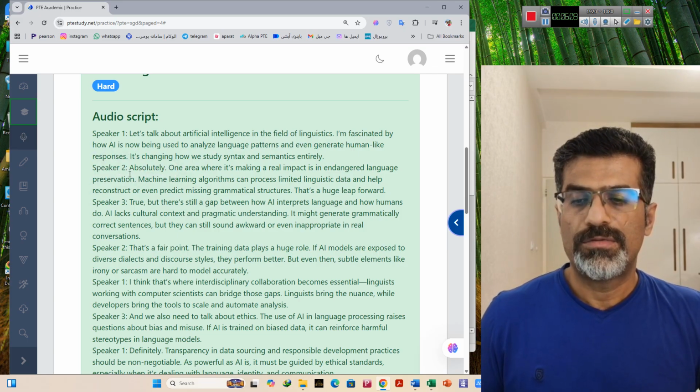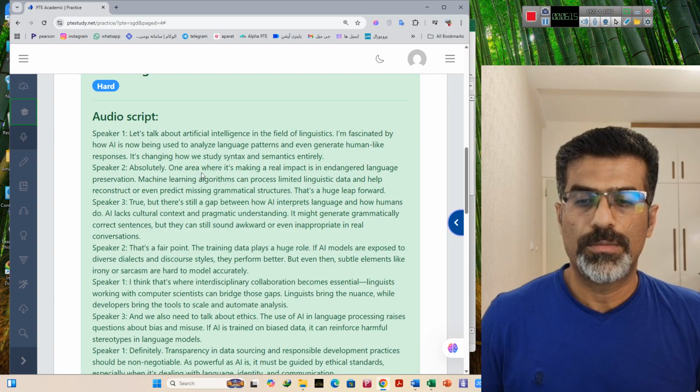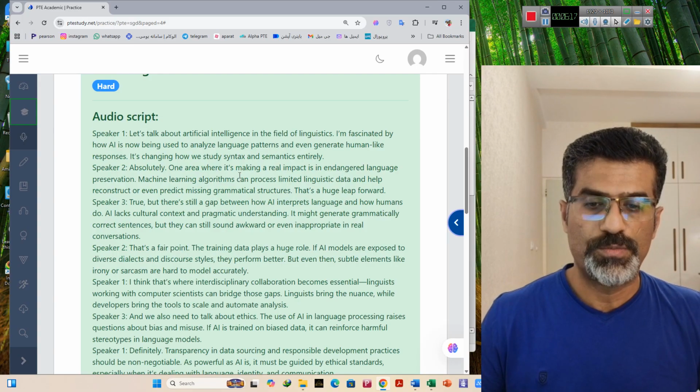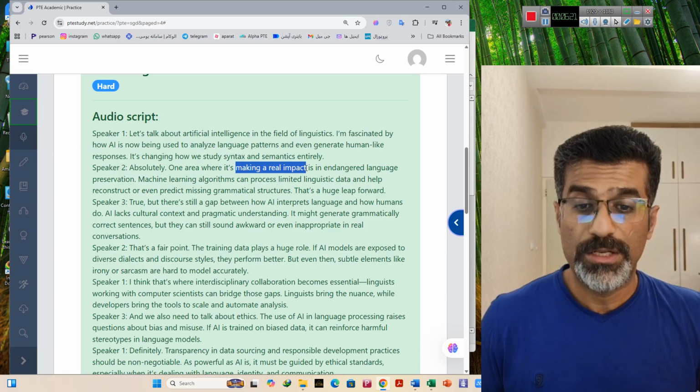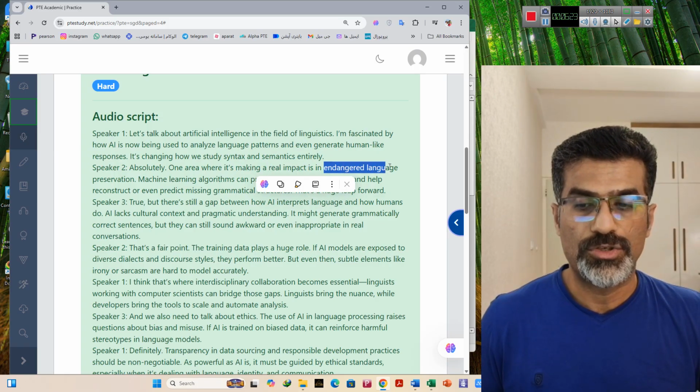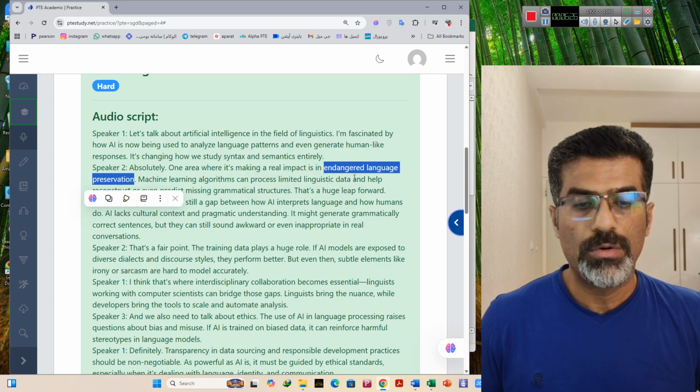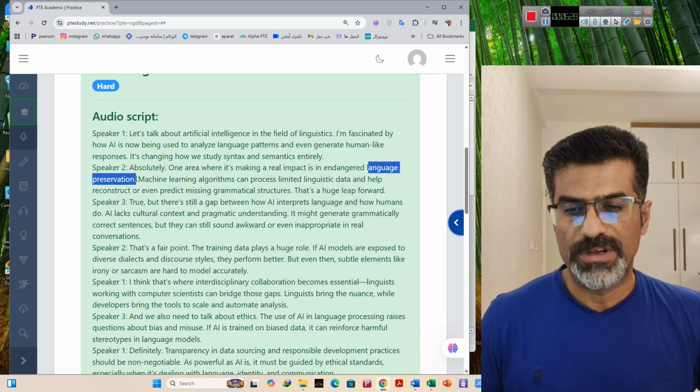And when the second speaker starts, you need to again pay attention to the main points of his or her speech. For example, making a real impact, or endangered language preservation, or at least language preservation.